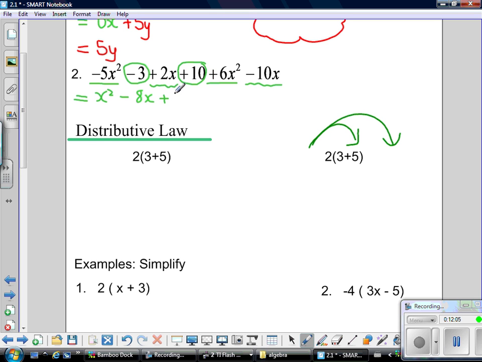So this question is now finished. I've underlined and circled everything, so I haven't missed anything. And none of these other terms belong together. This is an x squared, this is an x, so I can't put them together. So that is finished. Now the next thing we're going to look at is the distributive law, and that's going to be the second part of this video.